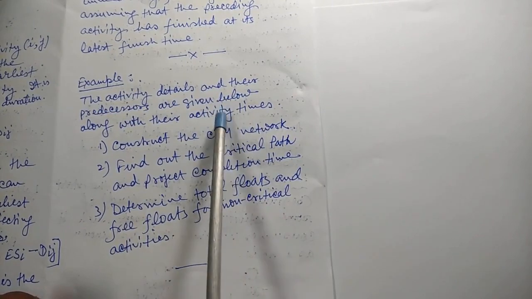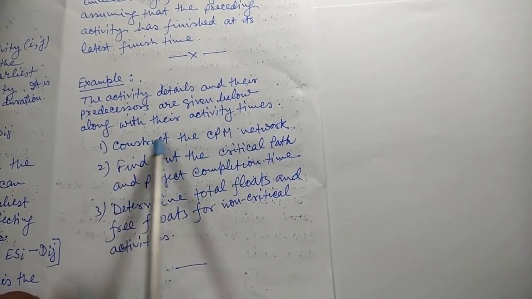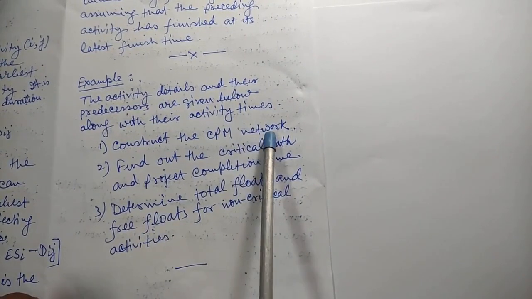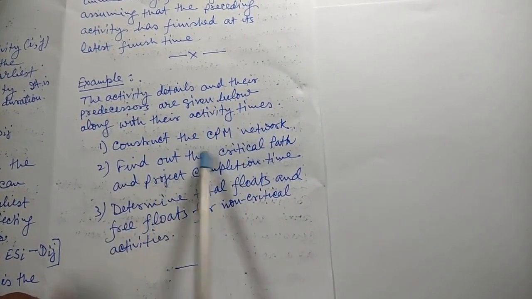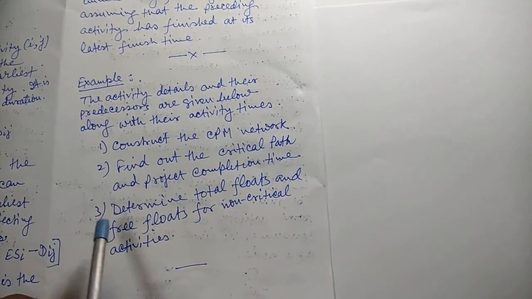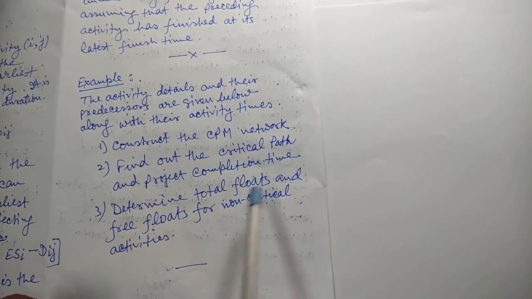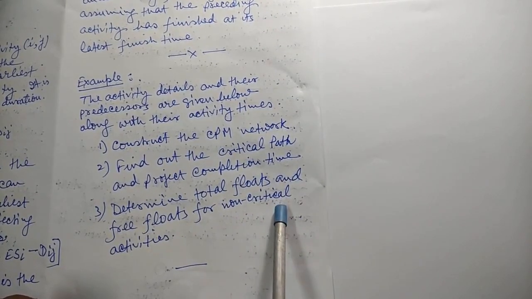From this information, you have to construct the CPM network, then find out the critical path and project completion time. Lastly, determine total floats and free floats for non-critical activities.